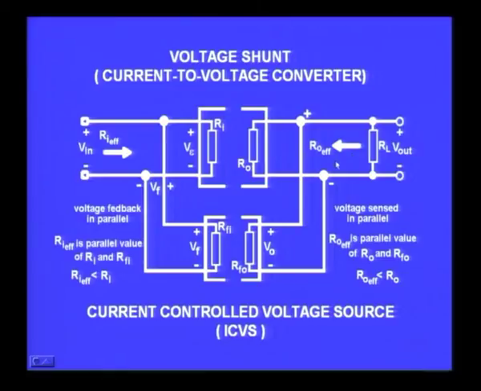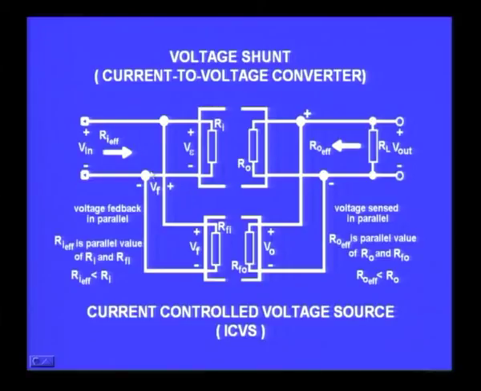The effect of the output resistance being reduced is to make the output much closer to a voltage source. So it becomes a voltage output, reasonably a voltage source. On the input side, the resistance being small means the input is not a voltage drive, but a current drive.